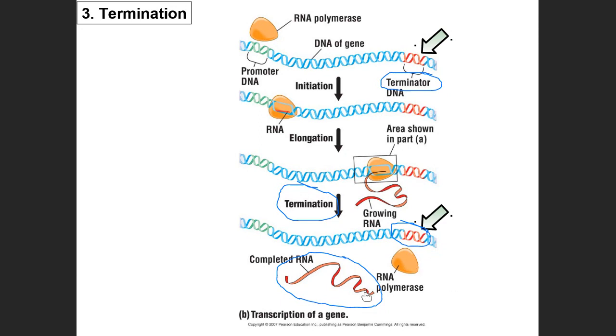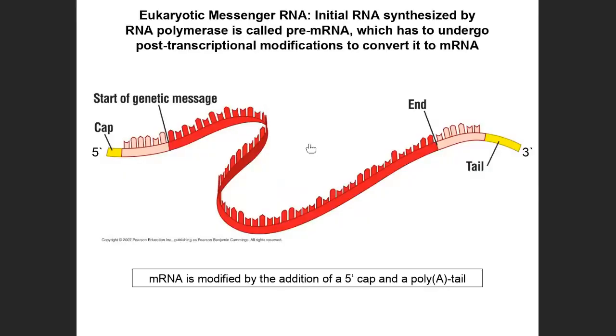In the meantime, for the mRNA that's produced, in prokaryotes the mRNA that is synthesized is immediately translated. That's another reason why in prokaryotes, transcription and translation, those two steps of gene expression, can overlap at some point.